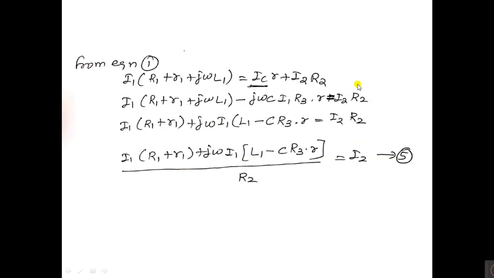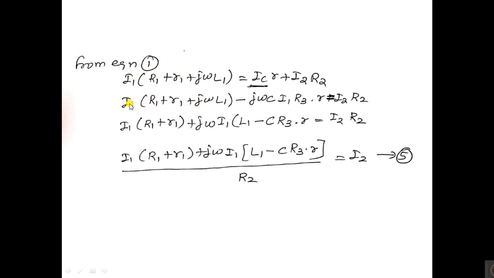Now from equation number 1, this is the equation number 1. Here also I am going to substitute the equation of IC, right? If I apply this IC, I can get the expression looking like this. So here in this expression I am going to write I1 into R1 plus small r1 plus j omega L1, and here j omega c I1 R3 into R. Anyway, j omega is common, right?